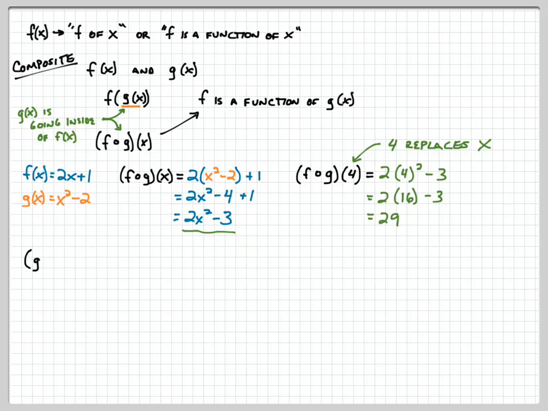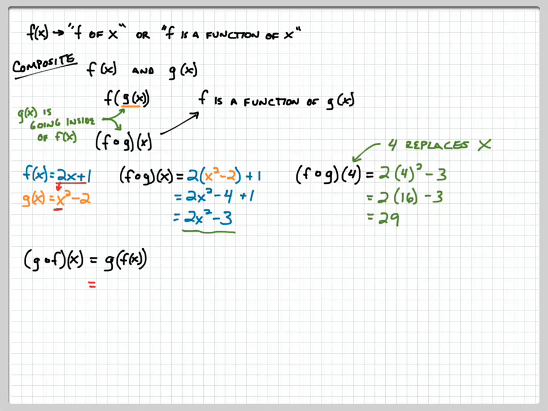Now this could also work the other way. We could have g of f of x. And that just means the f function is going inside the g function. So now when we have our x, our f of x, it's going inside the g. And when we look at our function, we're going to start with our x squared. So the x is now 2x plus 1, right?